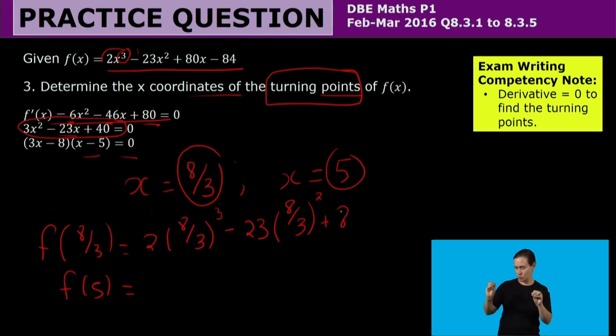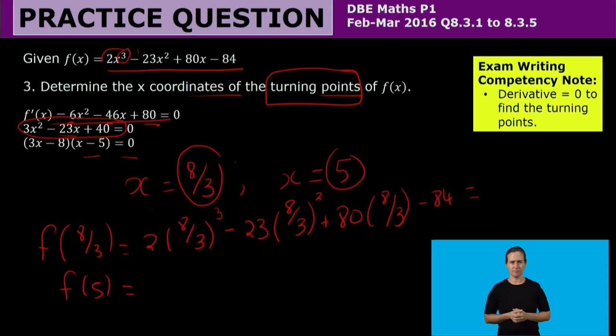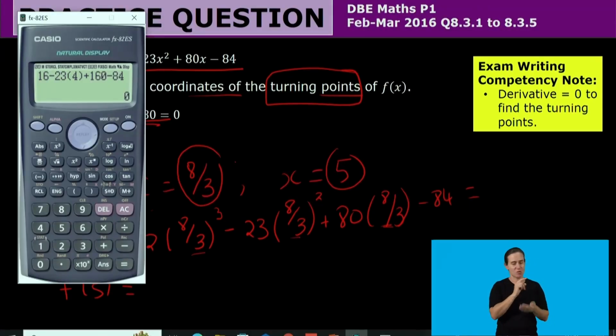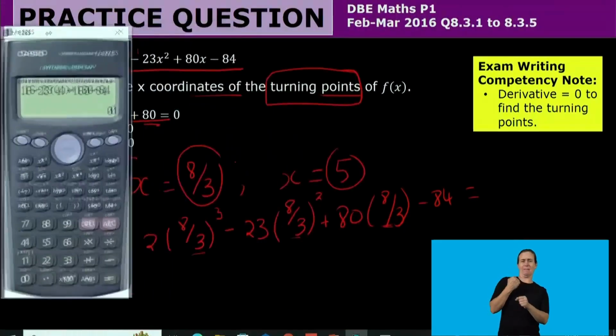Plus 80 times 8 over 3 minus 84. Okay, and there's no way you want a chance doing that out manually. There's too much room for error. So you really want to go to your trusty calculator, and let's just make sure this time I get the entire expression in. There we go.